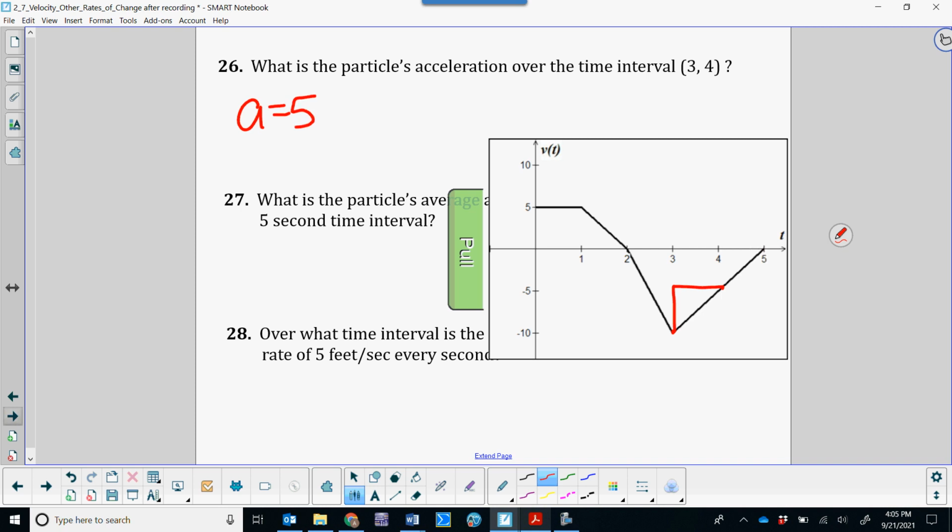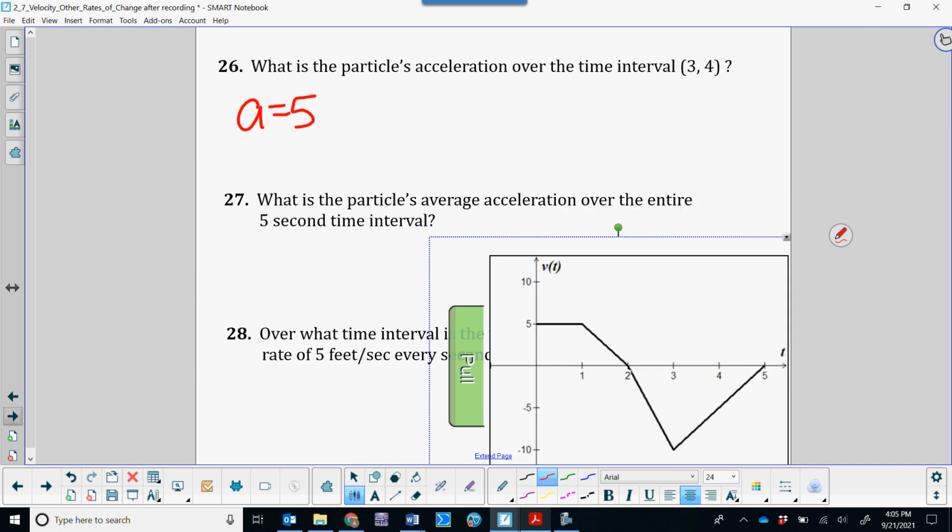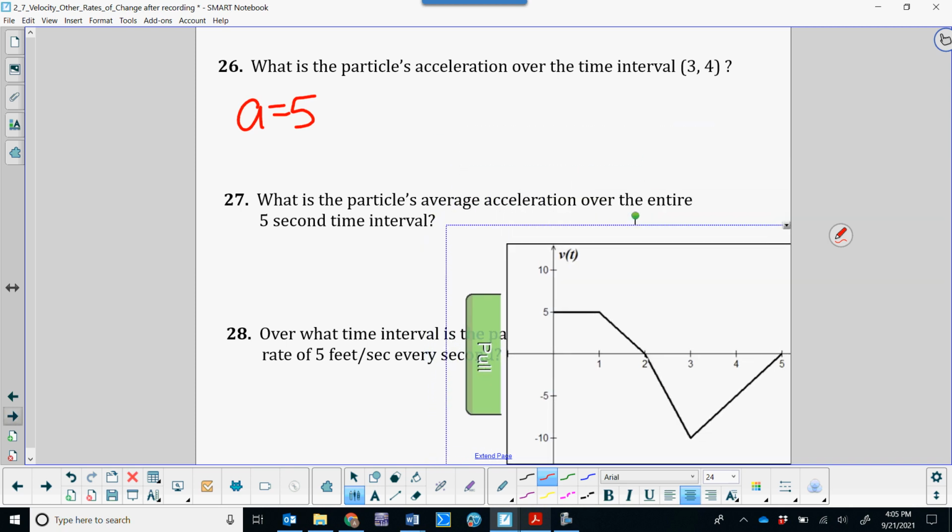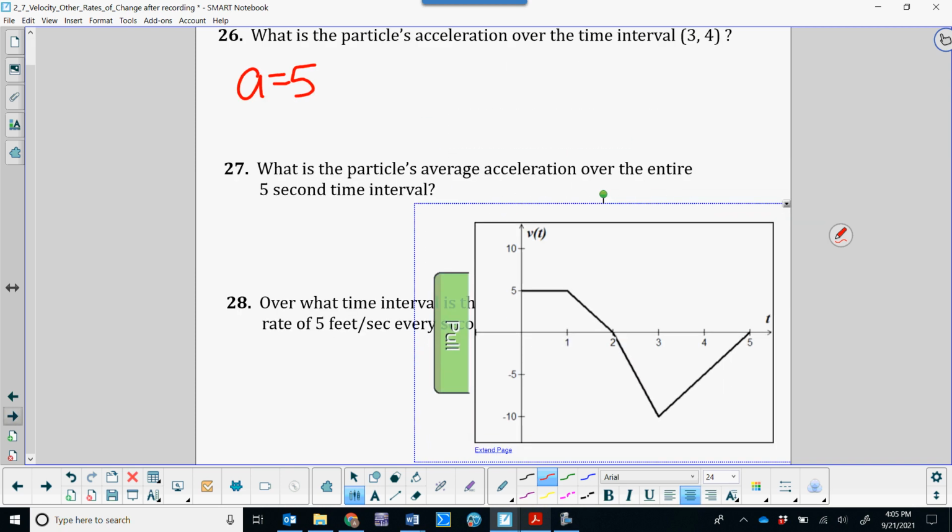And then 27 says, what's the particle's average acceleration over the entire 5-second interval? So average acceleration would be the slope of the entire thing, or the rate of change of the entire thing. And acceleration is the change in velocity over time.